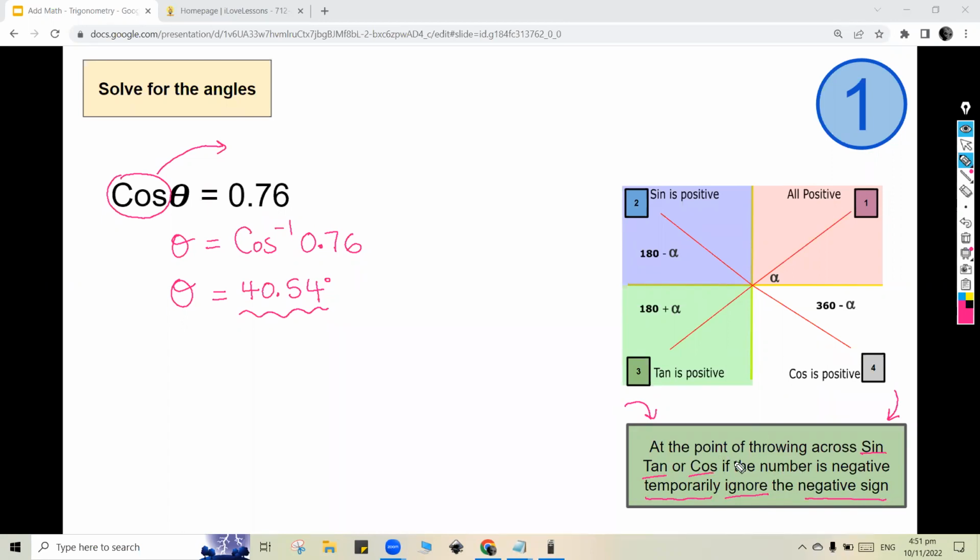Let's see if this note applies to today's question, because sometimes the note will apply and sometimes the note will not apply. So we have cosine. When we are throwing across the cosine, because this is the point in the question where we have to throw across the cosine, is the number on the other side negative?